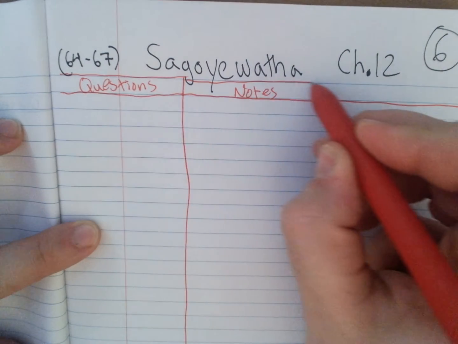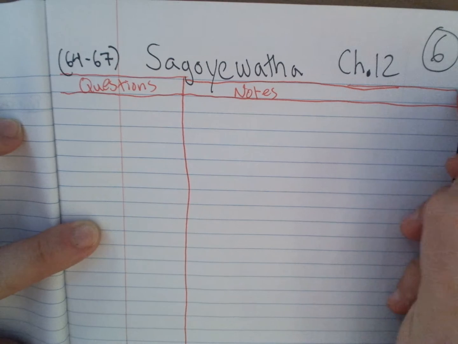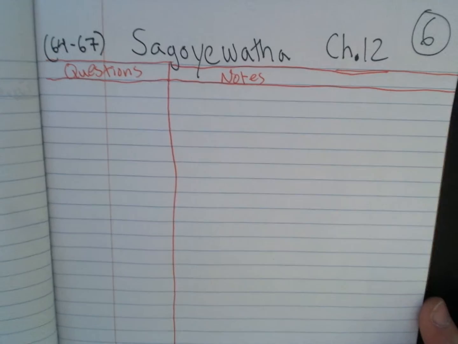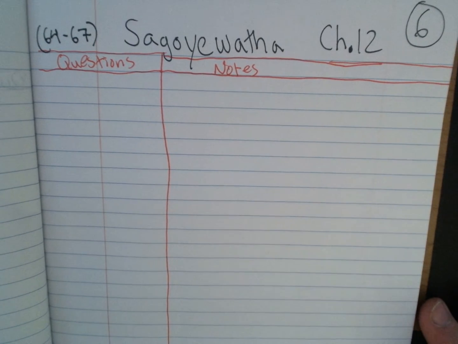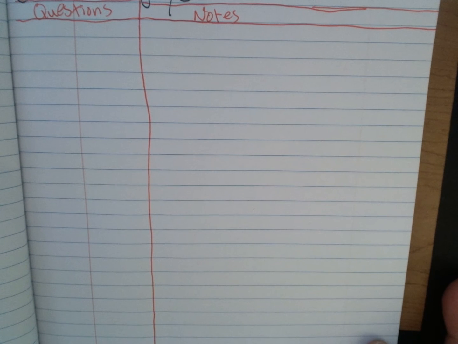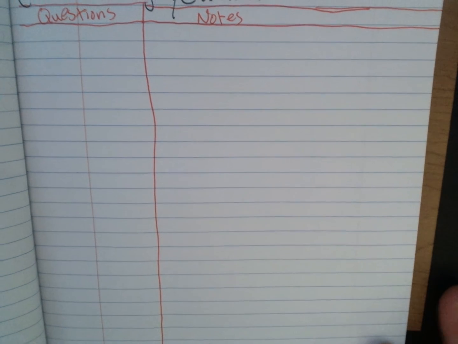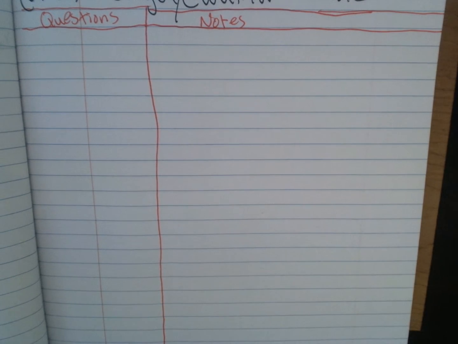A reminder that we call this type of note-taking method Cornell notes. So if you ever have a teacher in the future that's like, all right, we're gonna learn how to take notes or take Cornell notes, you already know how to do that. You guys are pretty good experts at this point after just a couple times.